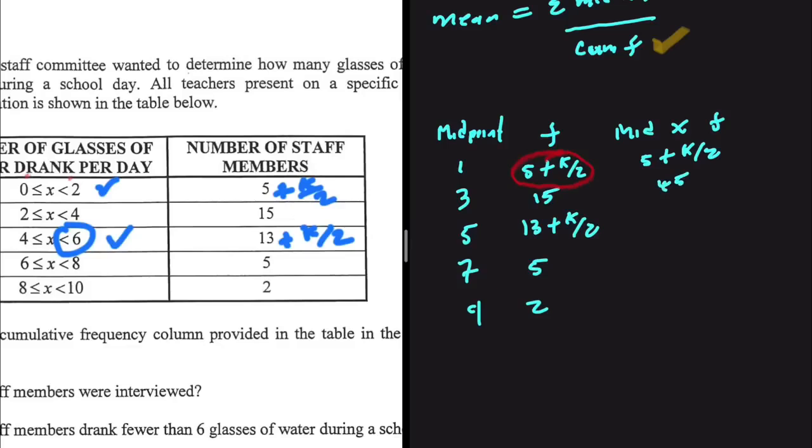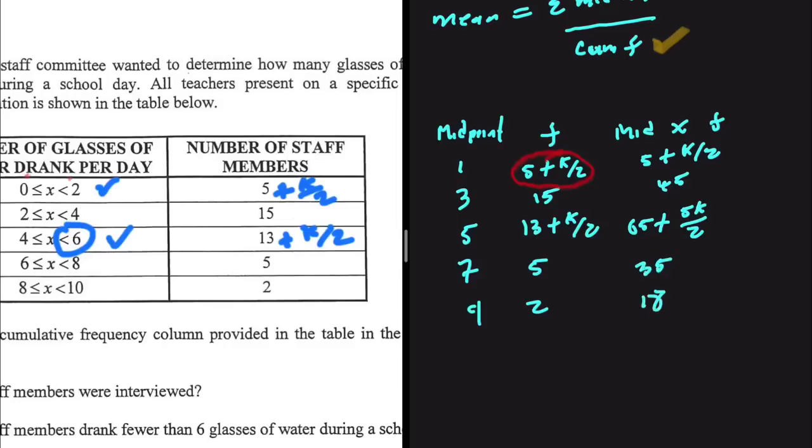Let me just put that in my calculator real quick. So I have 65. I have 65 plus k divided by 2 multiplied by 5. So I have 5k divided by 2. 7 multiplied by 5 is 35. And then 9 multiplied by 2 obviously is 18.